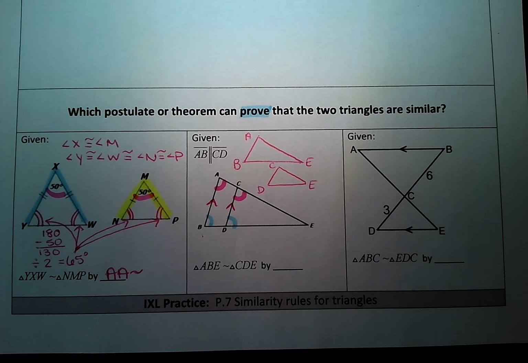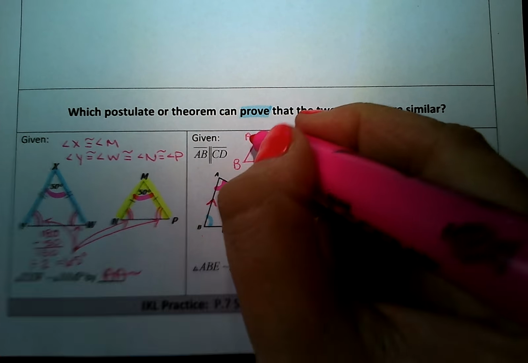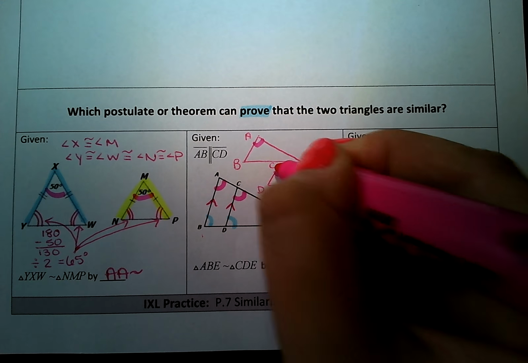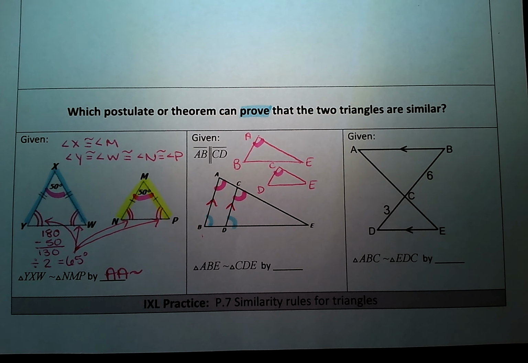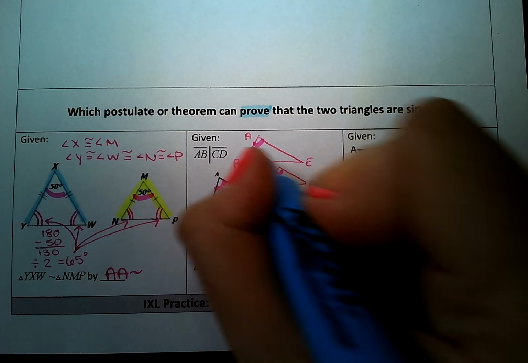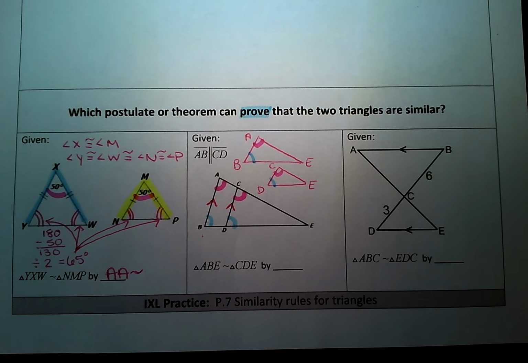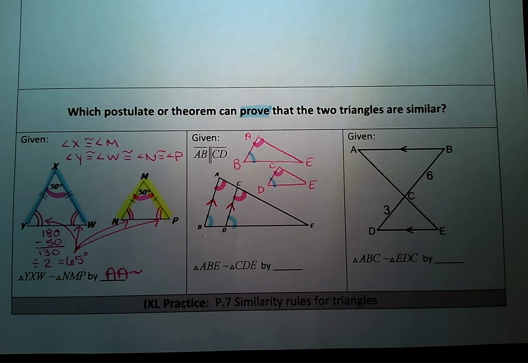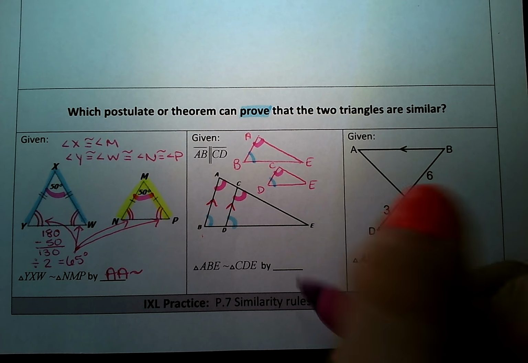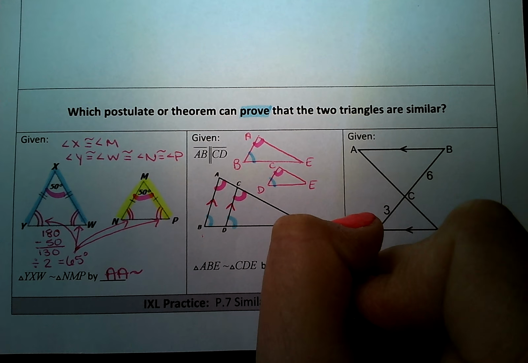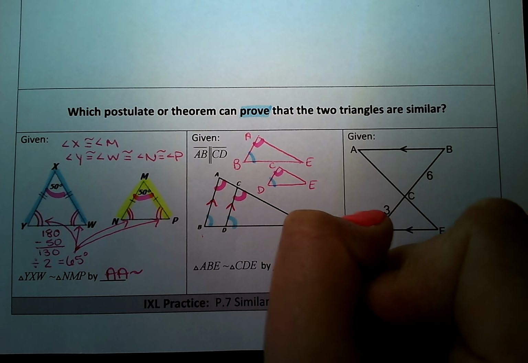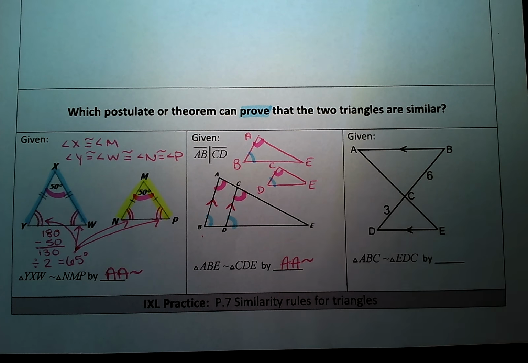And we've just said that angle A and angle C are congruent, and that angle B and angle D are congruent. So I'm done. What do you see? I see two sets of angles that are congruent to two other angles. So these are also similar by the AA similarity postulate.